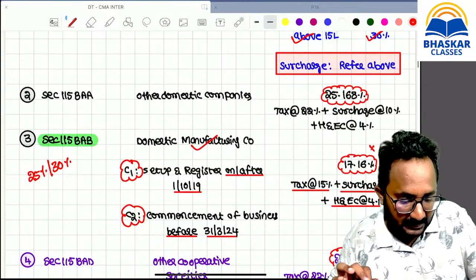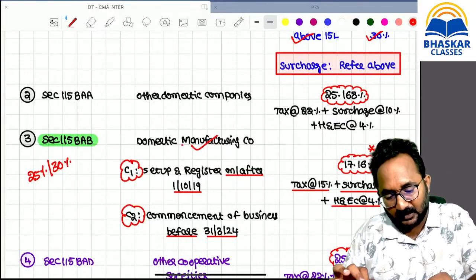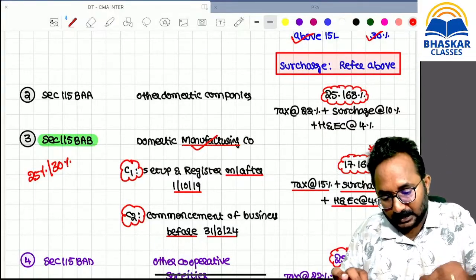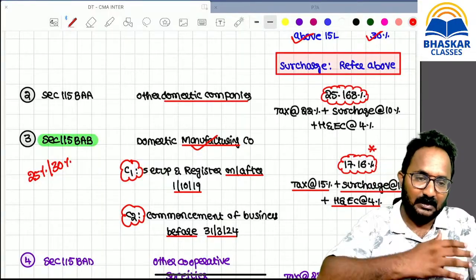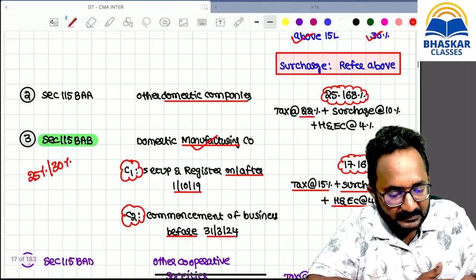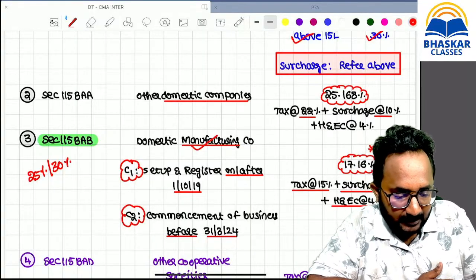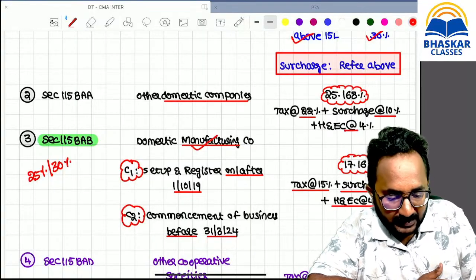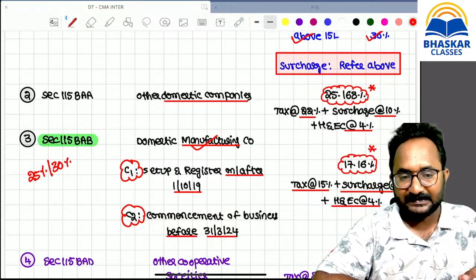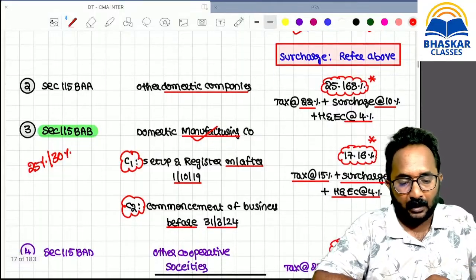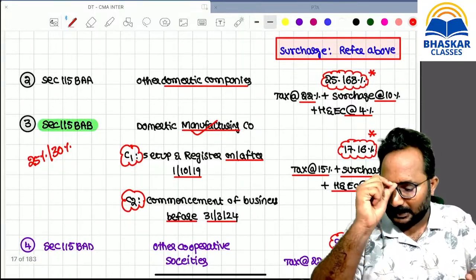Effectively you get 17.16 because it is manufacturing. Other domestic companies, which may be service oriented, pay 22% with a fixed surcharge of 10% and 4% cess. If you calculate the effective tax rate, you will get 25.168. Are you clear?